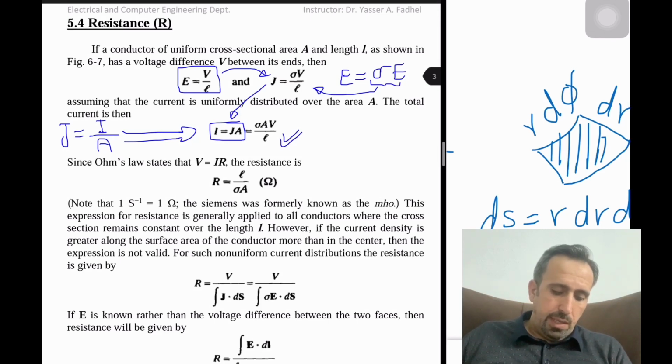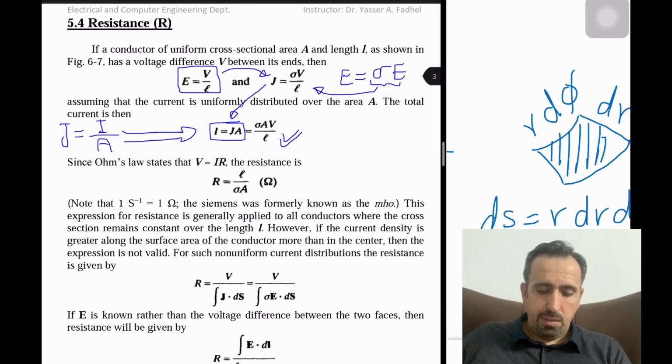Since Ohm's law states that V equals I multiplied by R, hence R will be equal to L over sigma A. Okay?